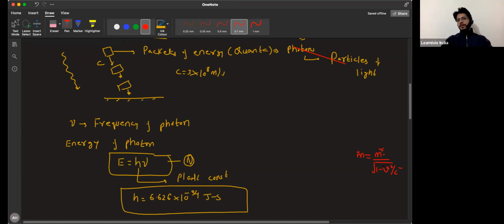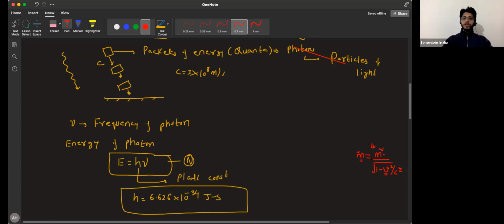But in day-to-day life, our speed is very small. If you look at this factor, you're dividing v square by c square. c is the speed of light, 3 into 10 to the power 8. So in day-to-day life, this increment is negligible, and we don't consider this increment. But if the particle is moving at a very high speed, comparable to the speed of light, if speed is 10% of the speed of light or 50% of the speed of light, the speed is very high.